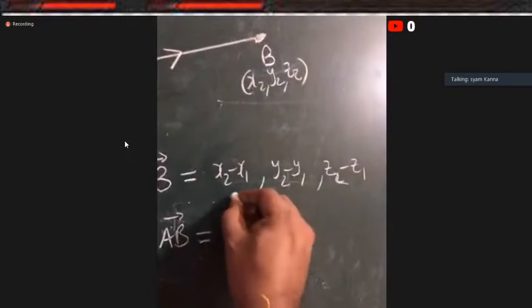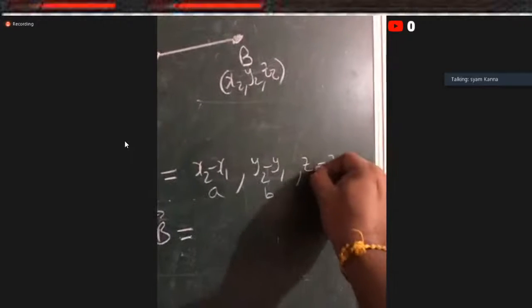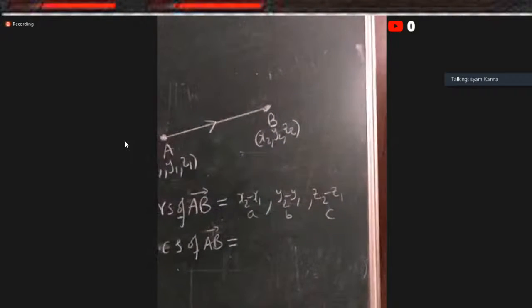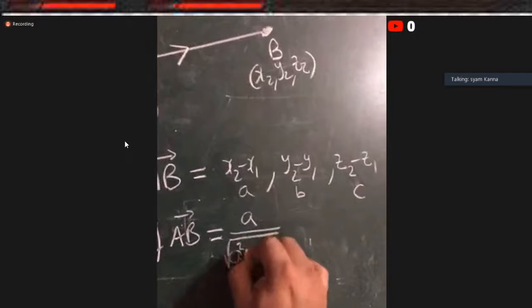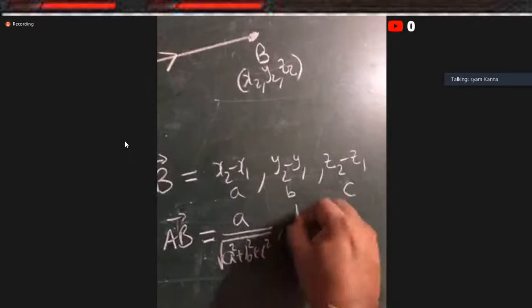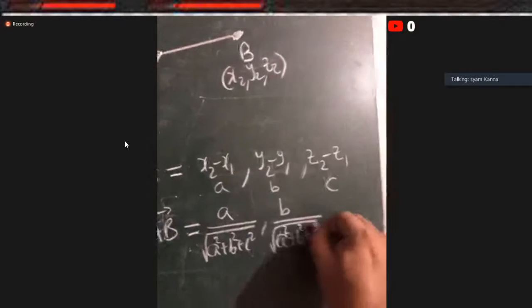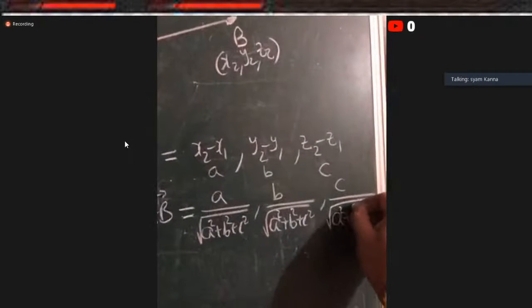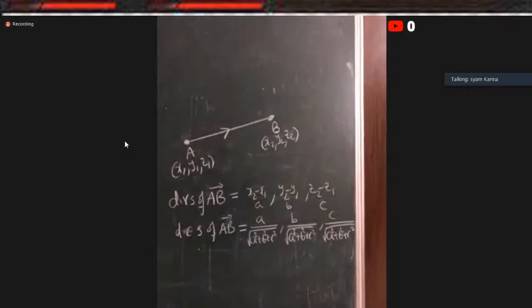Let this difference be A, let this difference be B, and let z2 minus z1 be C. After getting A, B, C, direction cosines are A by root of A square plus B square plus C square, B by root of A square plus B square plus C square, C by root of A square plus B square plus C square.